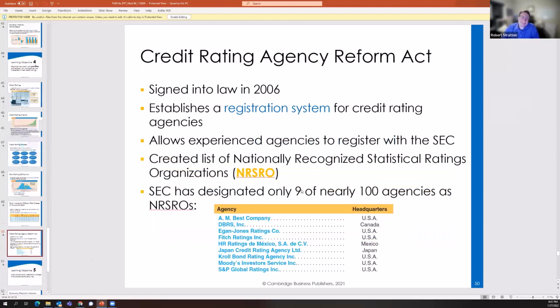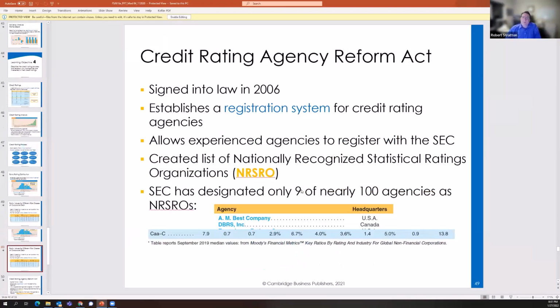Okay, lots of stuff with the credit rating agencies. There was this Reform Act that was passed some time ago that established a registration system, but only very few are registered, good and bad. The good argument is that by registering with the SEC and the SEC allowing it, it's allowed for more competition, because some of the smaller ones, if they can get registered, now could compete against the big ones like Moody's.